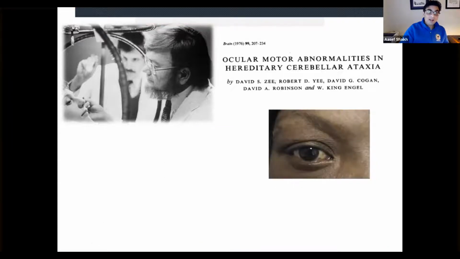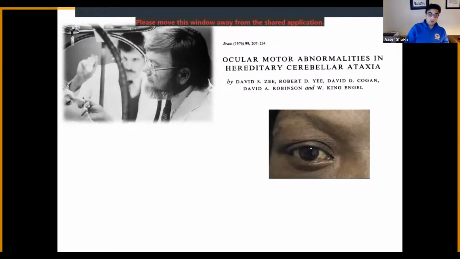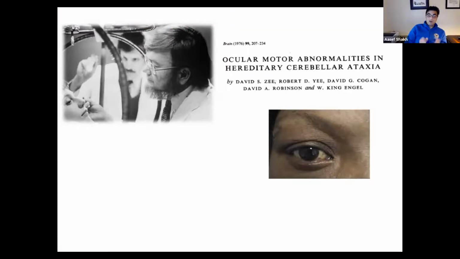A few years after Dave Robinson described the neural integrator, Dave Zee, who was a neurologist, started working with him. He published a paper in Brain in 1976, much older than many of us are, where he showed that patients with cerebellar ataxias who have damage to their cerebellum have eye movements suggestive of a leaky neural integrator.